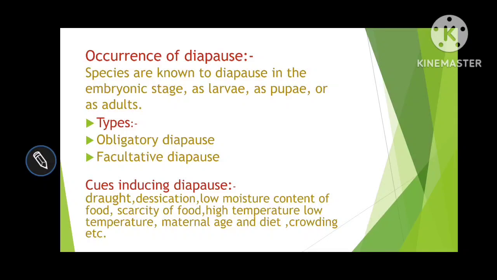Environmental token cues that cause insects to enter diapause include drought, desiccation, low moisture content of food, scarcity of food, high temperature, low temperature, that means thermoperiod, critical day length, crowding, maternal age and oviposition, and maternal diet, etc. The environmental conditions that induce diapause in the greatest number of insects, especially those in the temperate and arctic regions, are seasonal alteration of day or night length and decreasing temperature as reliable indicators of approaching winter.